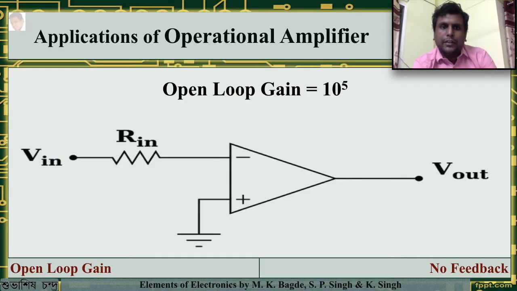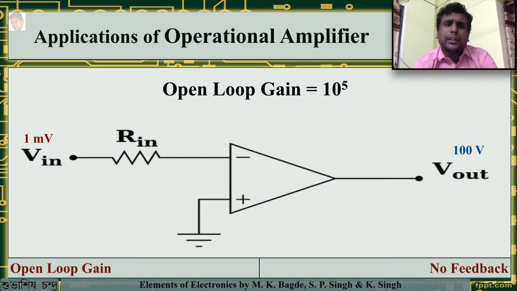The open loop gain of the op amp is very high, usually about 10 to the power of 5. So, if we provide an input of 1 millivolt, the output would be 100 volt. Now, the op amps are generally operated at voltages less than 20 volt. So, this voltage of 100 volt will drive the op amp into saturation.